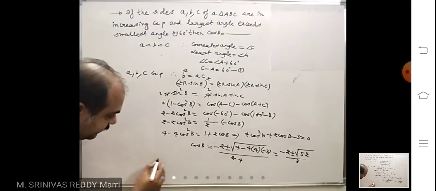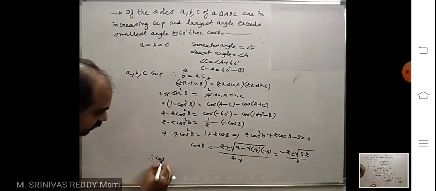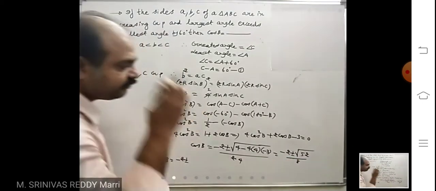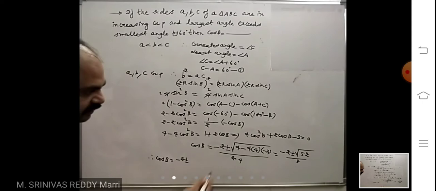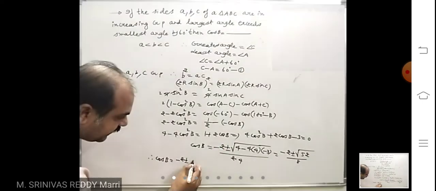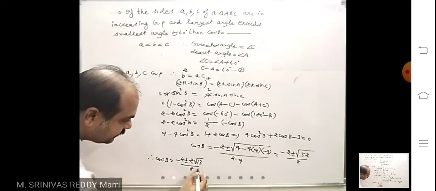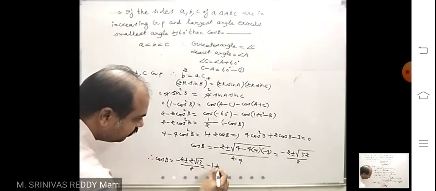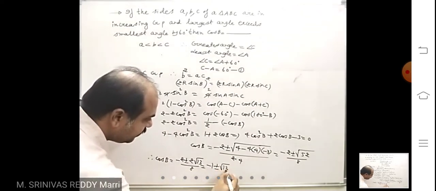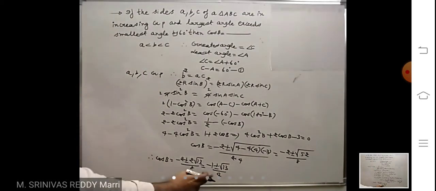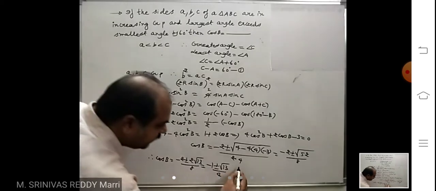Therefore, what you got, cos B equals to minus 2 plus or minus under root 4 into 13. So root of 4 means 2 outside, 2 root 13 divided by 8. If we strike off 2, then you will get minus 1 plus or minus root 13 by 4.